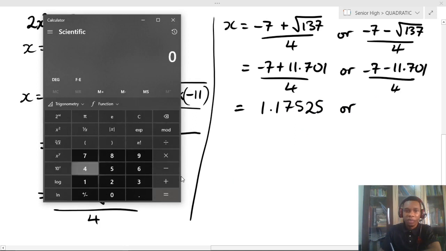Now for this other part, these two are adding each other. You can see minus and minus, so they're adding each other. So you can just say 11.701 adding 7, and what do you have? You have 18.701. 18.701 divided by 4, what do you have? You have 4.67525. So that's a negative value, because remember we're working with a negative sign.